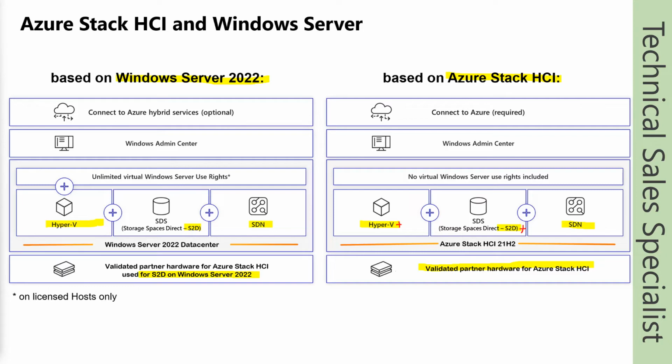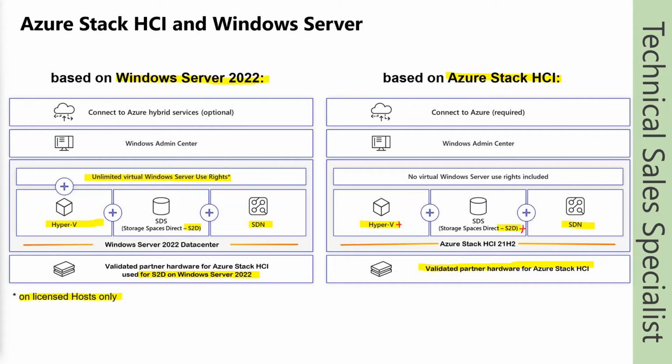When we look at the virtual usage rights, then we have this situation. Datacenter comes with unlimited virtual Windows Server usage rights on the licensed host. So if you have 2 hosts, you have to license both. If you have 3 hosts, you have to license all 3, or all 4 hosts.